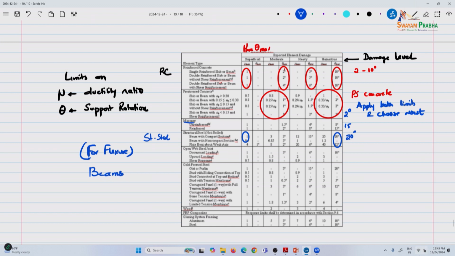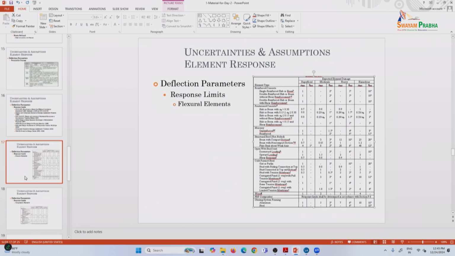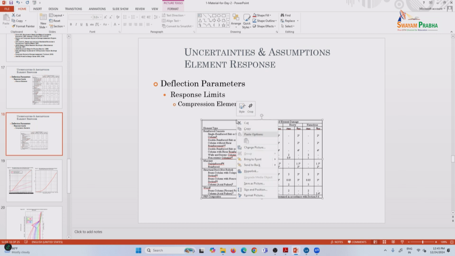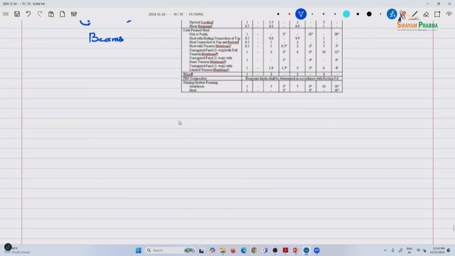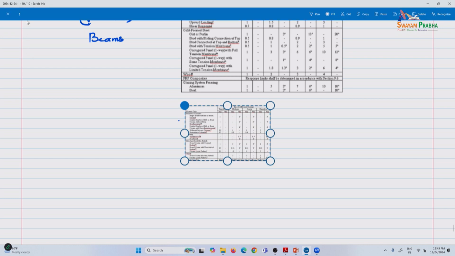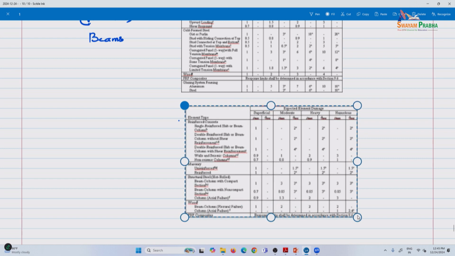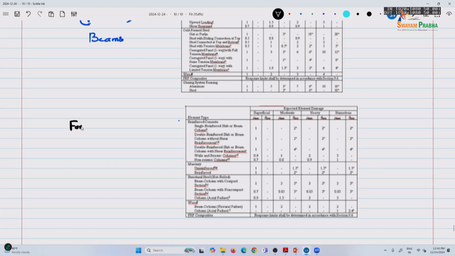And the last thing we'll do before lunch is one more, if you're working with columns. This is for compression elements.